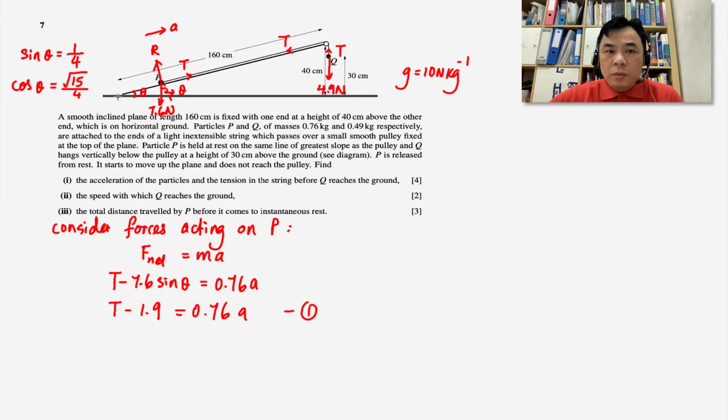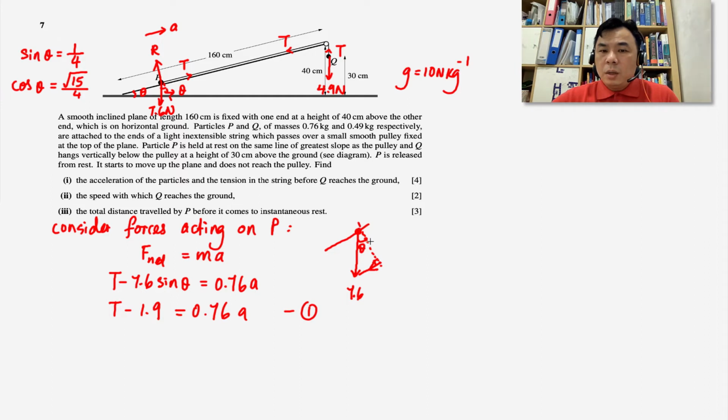Now to resolve the component, I hope that is clear. I can roughly draw that diagram one more time, just in case some of you forgot how to resolve the forces. This is particle P here, and there is a weight component 7.6, and then we have the dotted line here. The slope is in this direction, so we are trying to resolve the forces along the slope itself, which is here. This is 90 degrees.